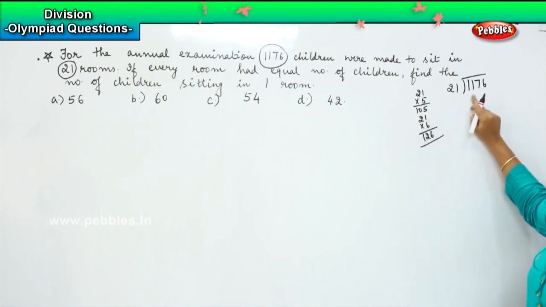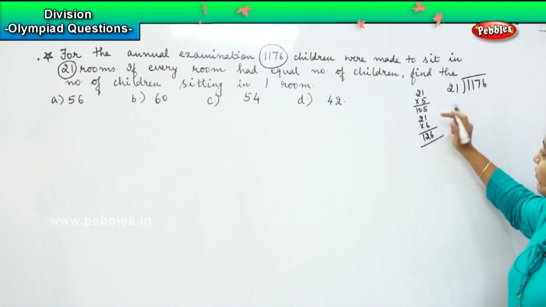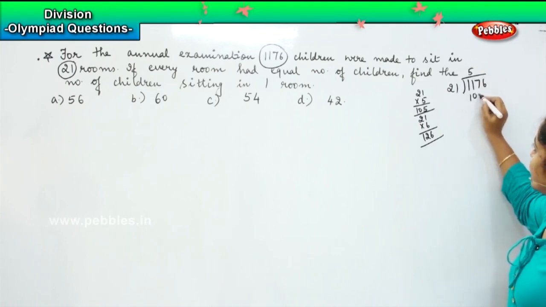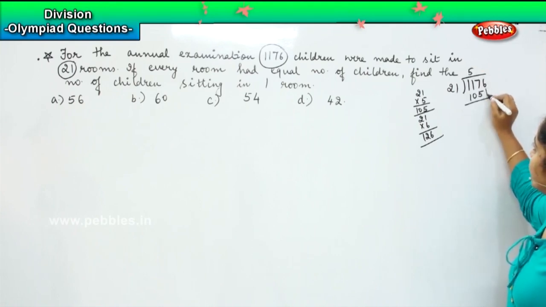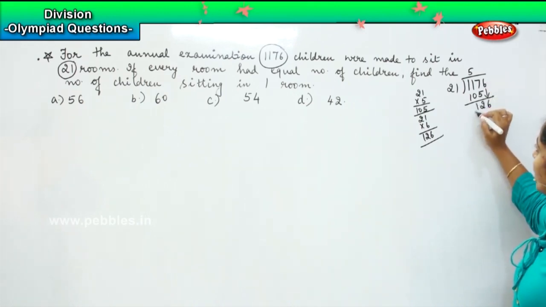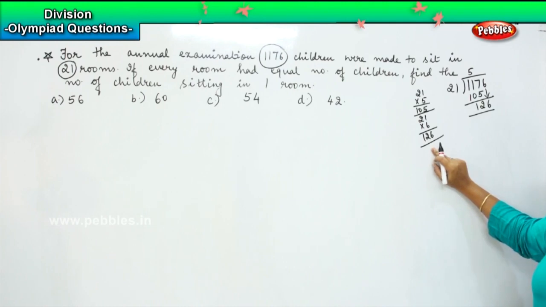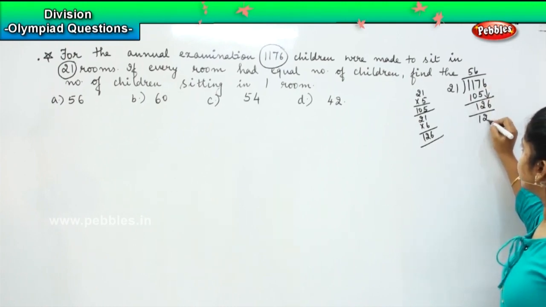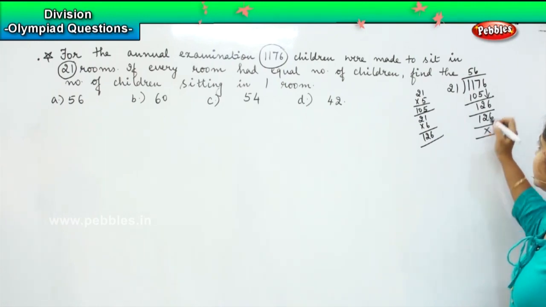So it is 126, whereas it is here 117, right? So we will be going with 5. So here it is 105 and the 6 will come down. 117 minus 105 is 12. So 21 into 6 is 126. So 6 here, 126, and your remainder is 0.